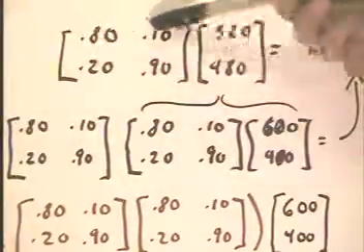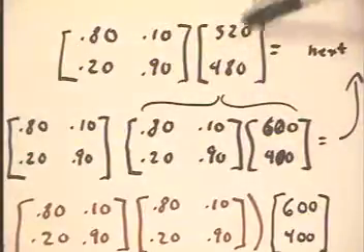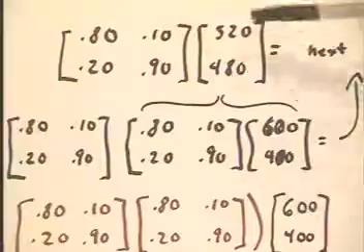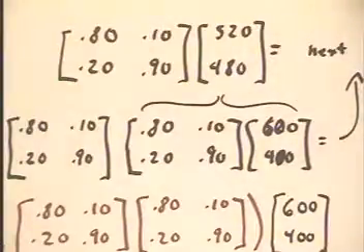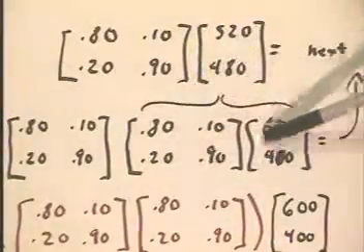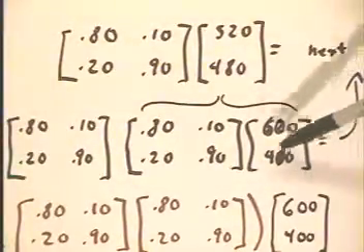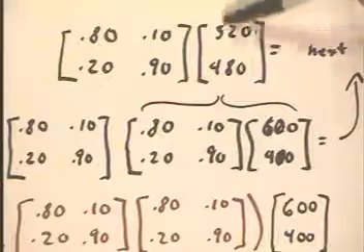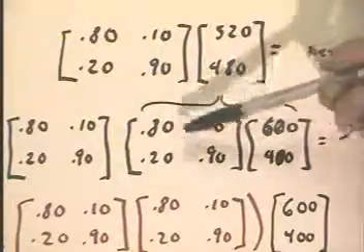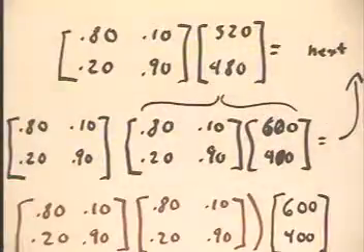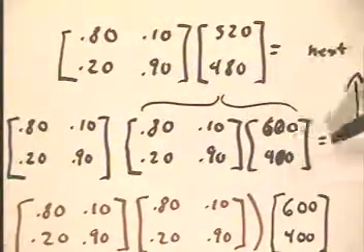So what we're doing is taking the transition matrix and multiplying it by our new population, the 520, 480. Of course, the 520, 480 came from multiplying the transition matrix by the 600, 400. So if we replace the 520, 480 by this matrix product, we've replaced an equal by an equal, so that doesn't change anything.